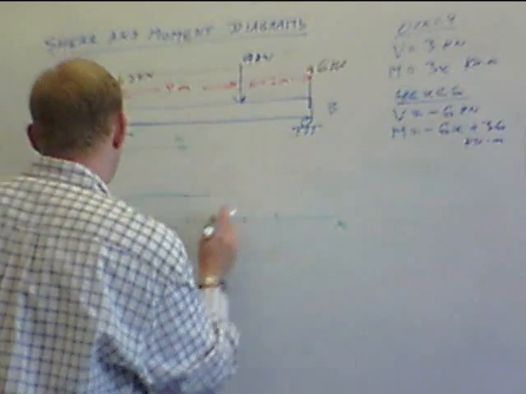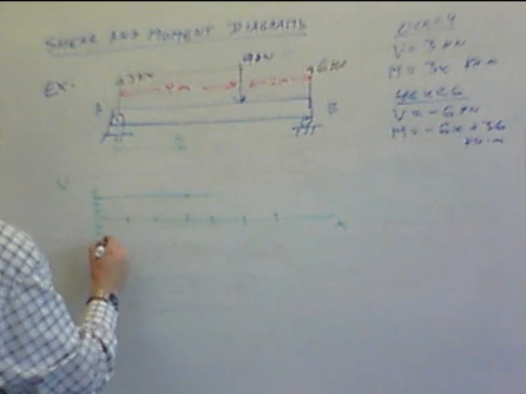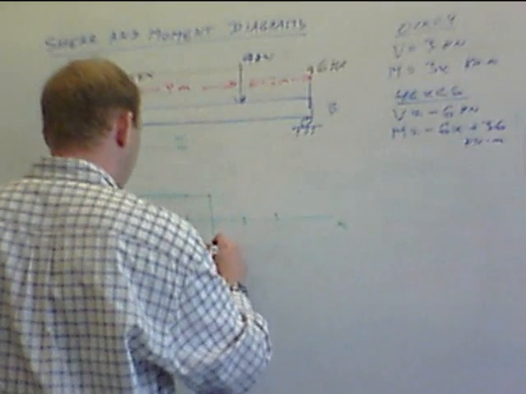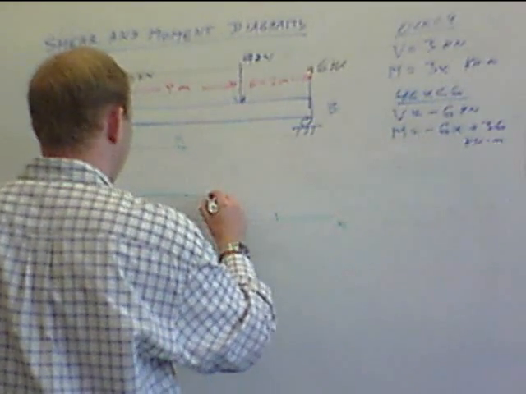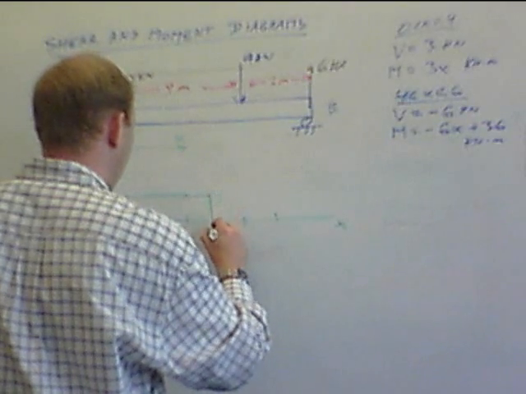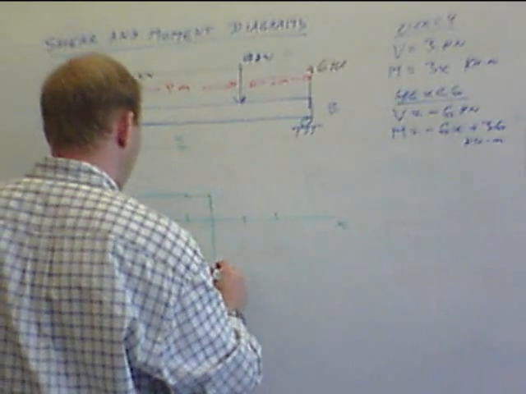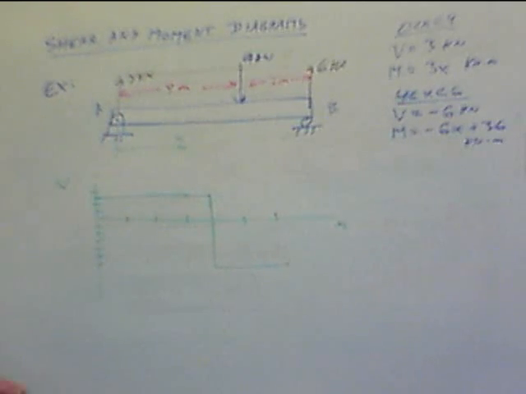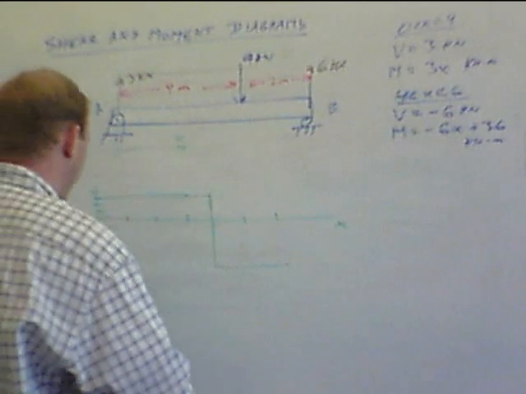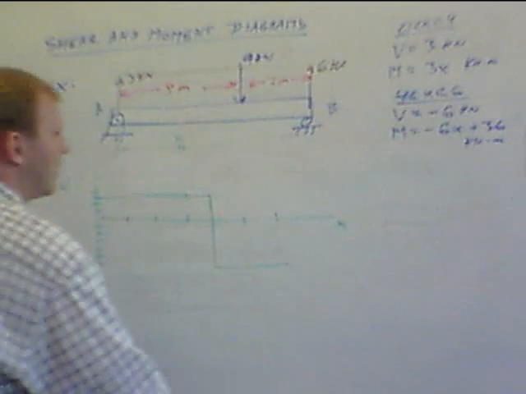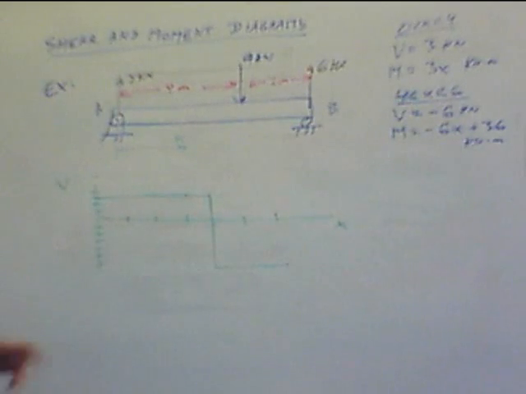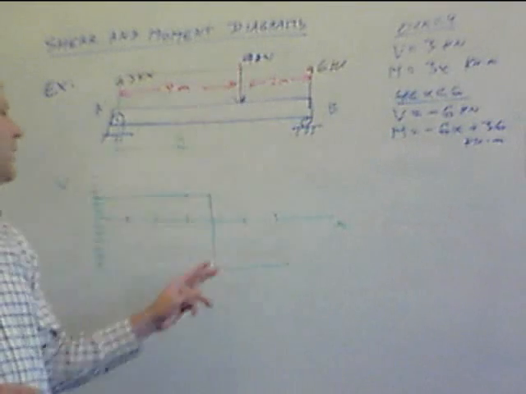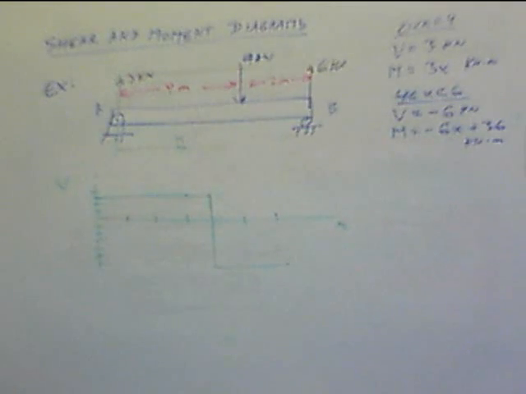So 4. And then we drop straight down to negative 6. Stays there for the last 2 meters. Okay, so this is my shear as a function of the length of the beam. So the shear stays at positive 3, and then when this force hits, it drops by 9, and then we have negative 6.